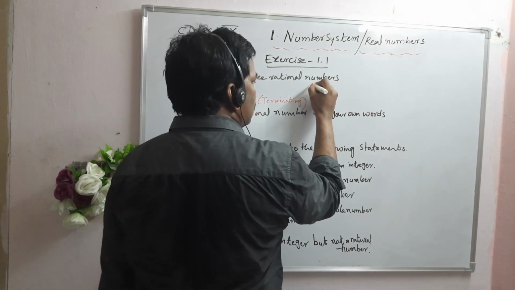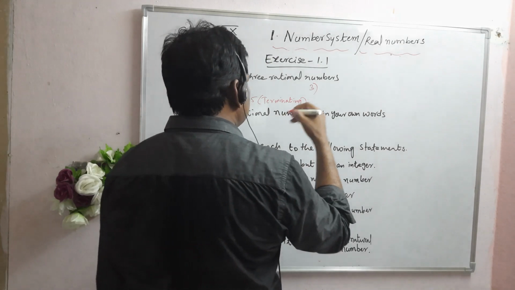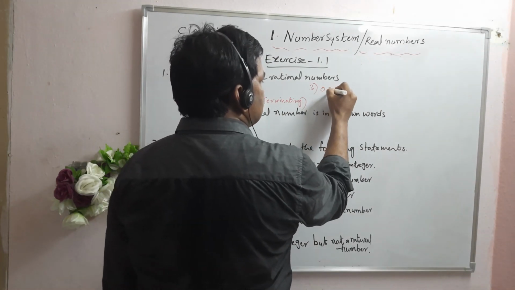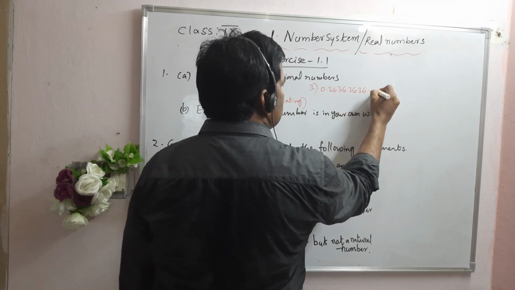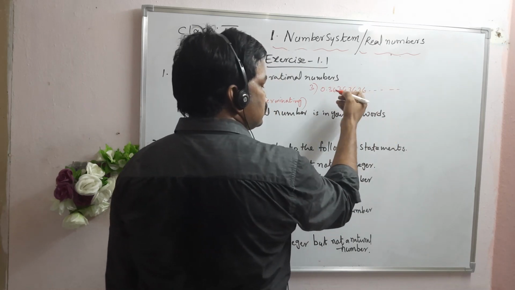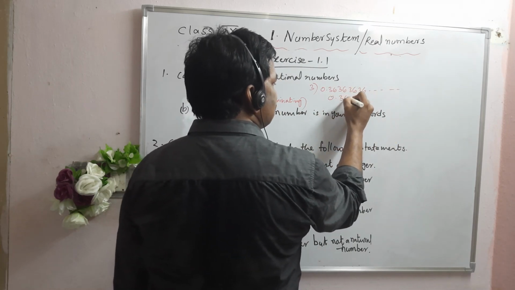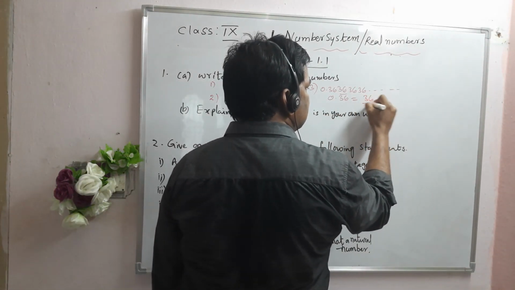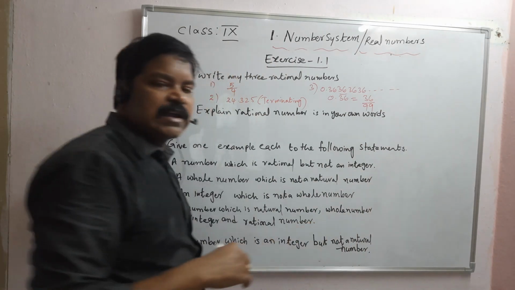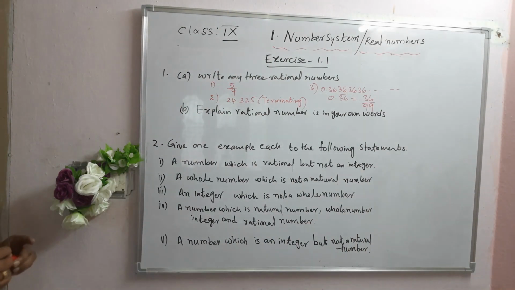In the form of a non-terminating repeating decimal, I will write 0.363636 and so on. This can be written as 0.36 bar. Actually this is equal to 36 by 99 in fractional form, right?